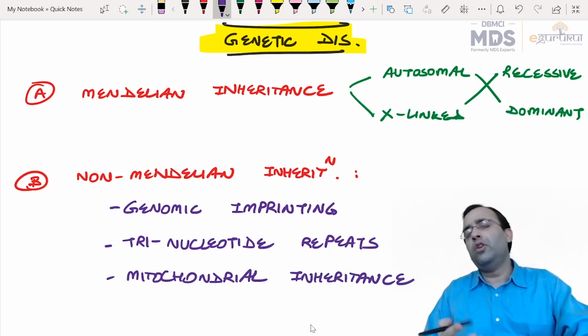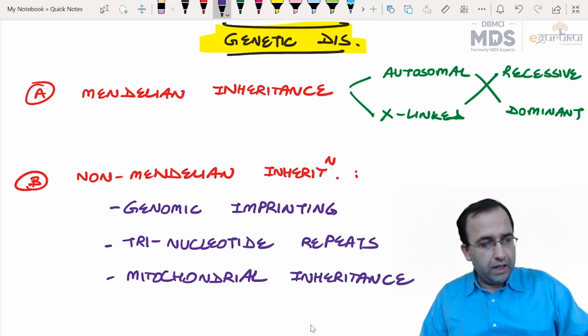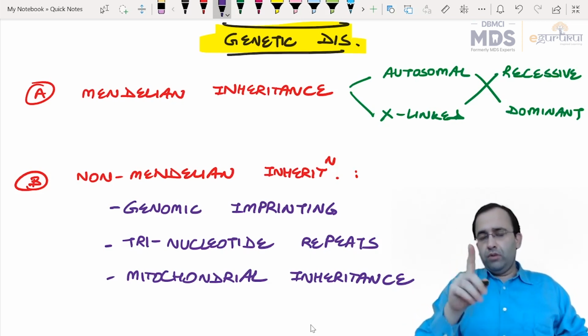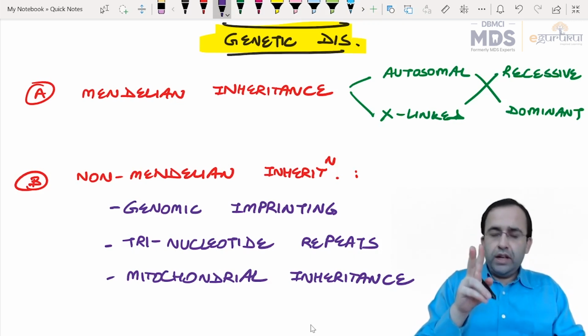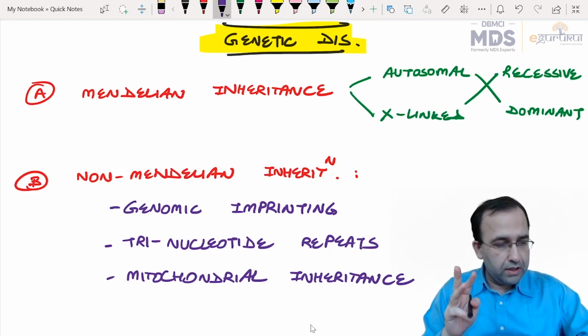This is non-Mendelian inheritance. So non-Mendelian inheritance, it is of three types: genomic imprinting, trinucleotide repeats, and mitochondrial inheritance.